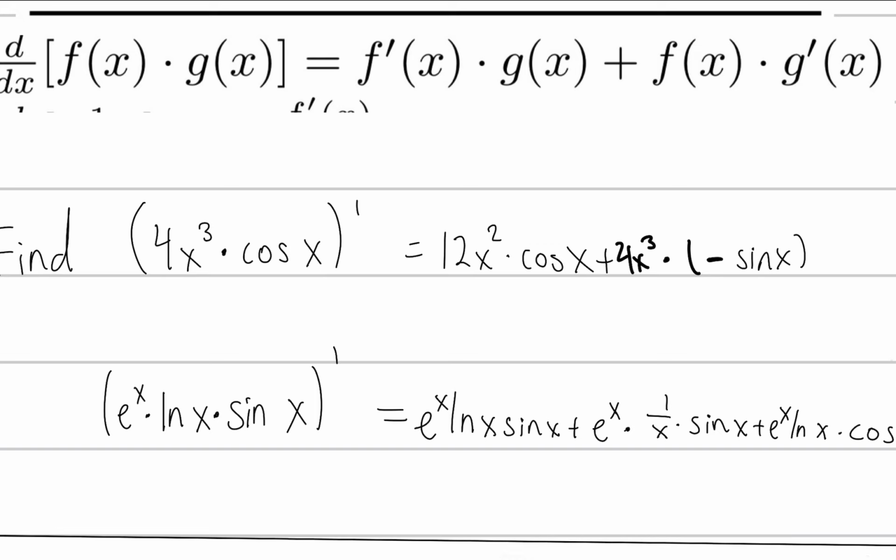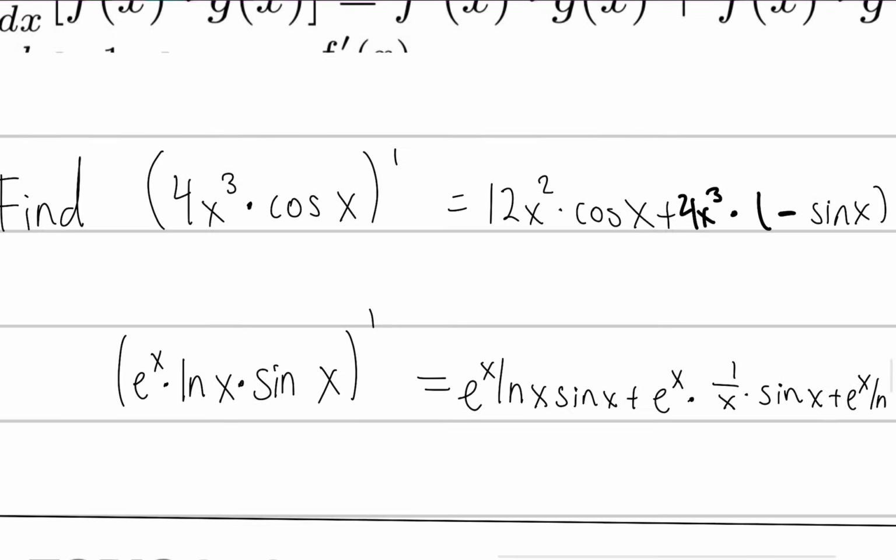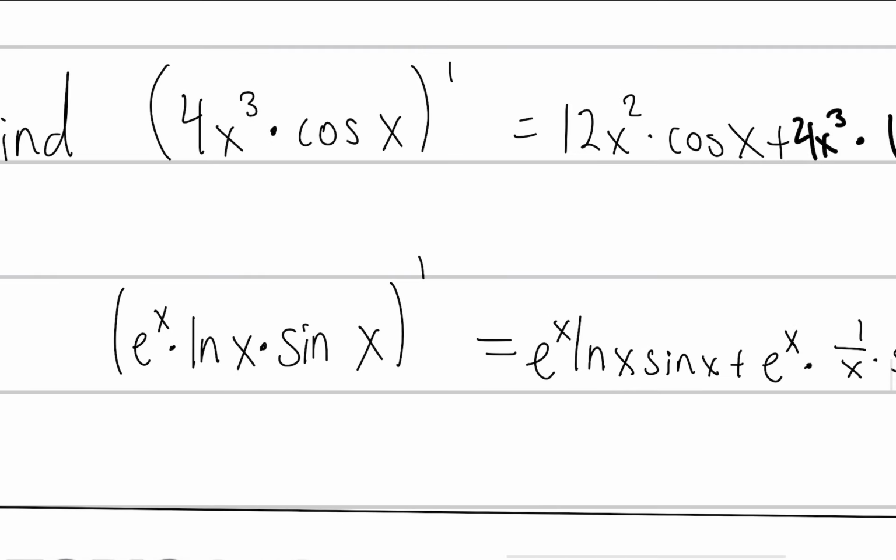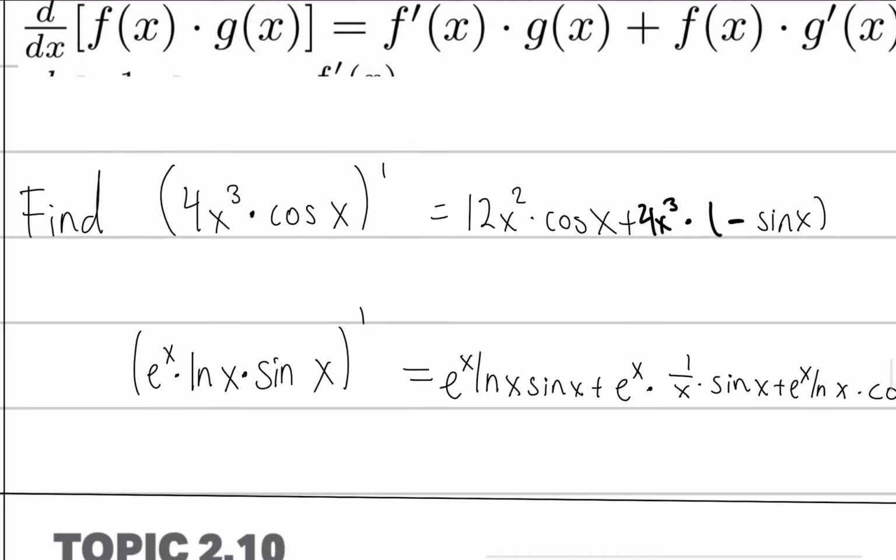So moving on, we're going to move on to e to the x times the natural log of x times sine of x. And the derivative of that, we're going to now apply the product rule, but we have multiple, right? But do not worry because we can expand our product rule a bit more. How are we going to expand it? Well, I think one of the best ways to expand it is just memorize that when you have multiple terms, you multiply all of them and then take the derivative of one and keep going progressively in a sequence.